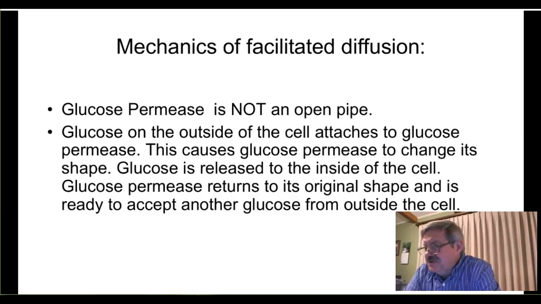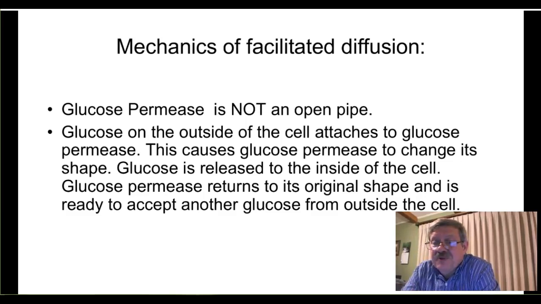Okay, so let's go on over here. So the mechanics of facilitated diffusion. One protein that will move glucose into the cell is one called glucose permease. As glucose permease attaches to a glucose molecule on the outside of the cell, that causes the glucose permease to change its shape. The glucose is then released to the inside of the cell.